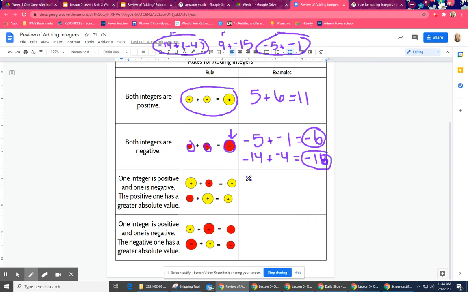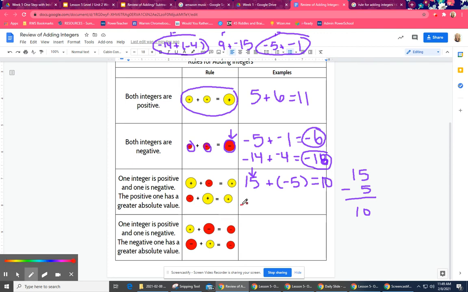So let's do 15 plus -5. You're doing a positive number plus a negative number. When they're opposite signs like that, you're going to subtract them. That would be 10. And then since 15 has a greater absolute value and 15 is the positive number, your answer is positive 10.